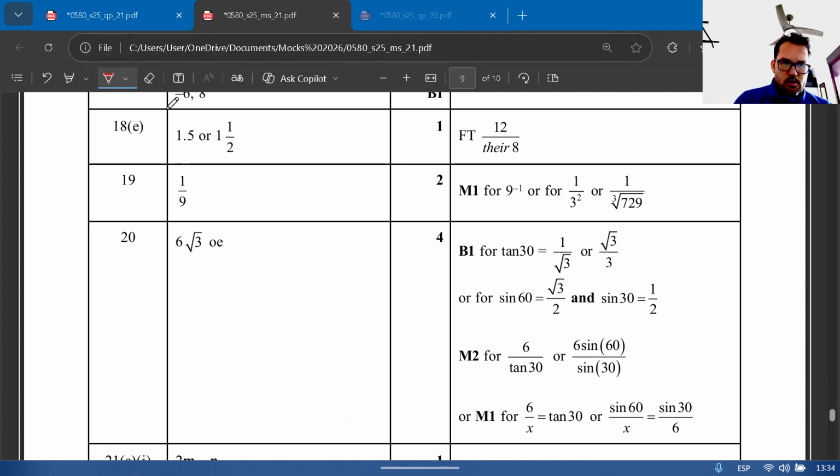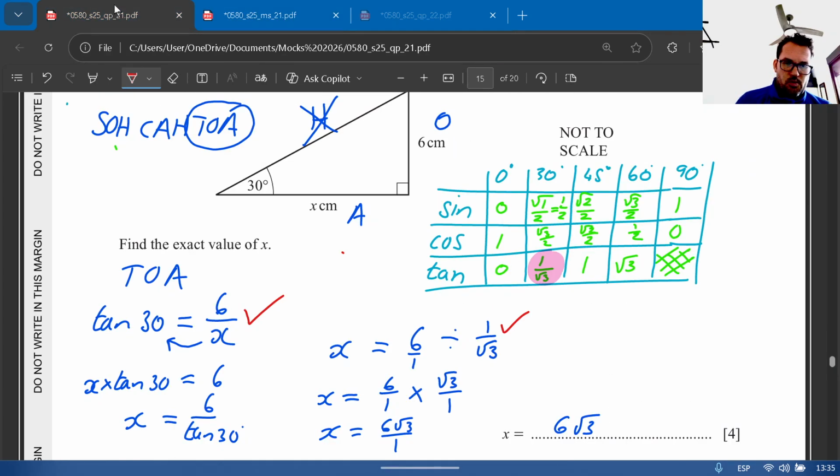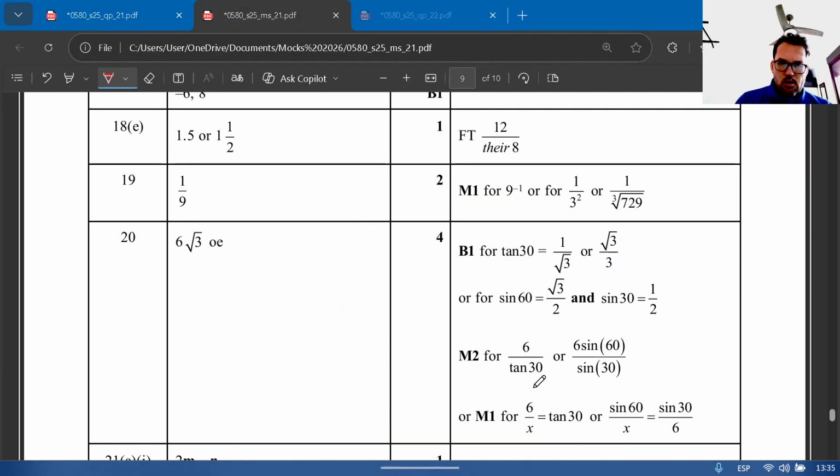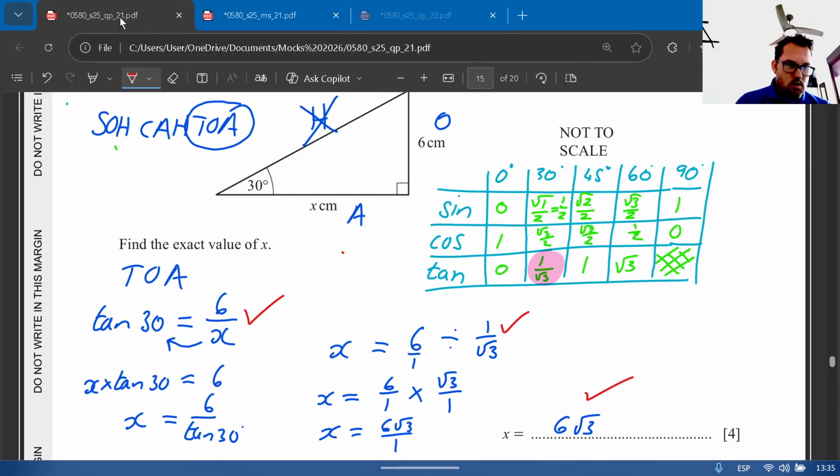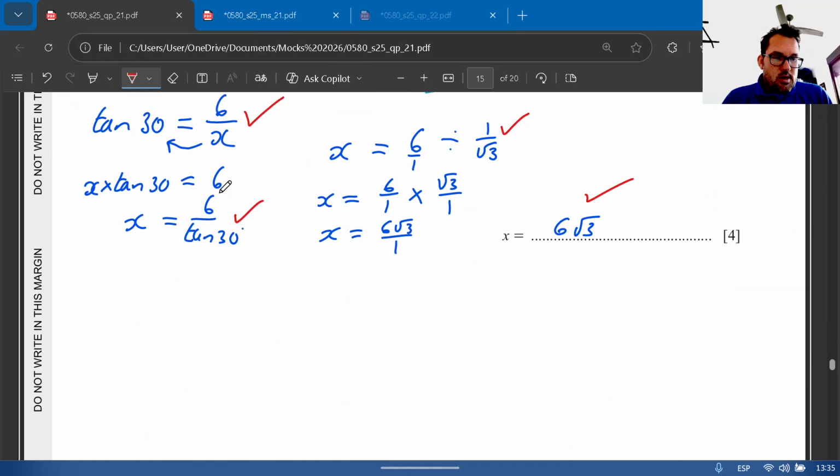It's not very clear how they award all the marks, and then I guess simplifying it correctly. Not sure how they award the marks here. Oh yeah, definitely this is a mark. Rearranging it, that's a mark. Okay, learn your table, know SOHCAHTOA, and you can do this.